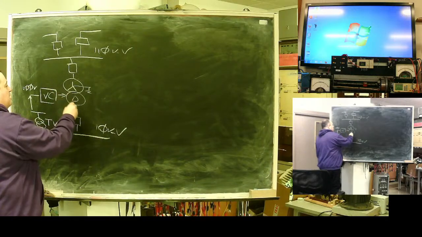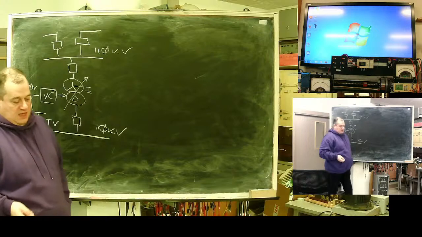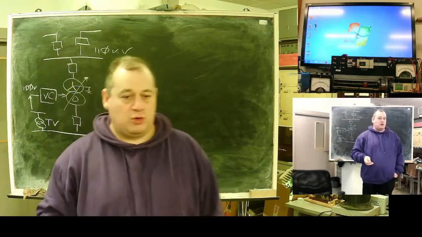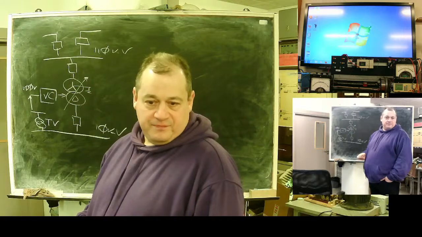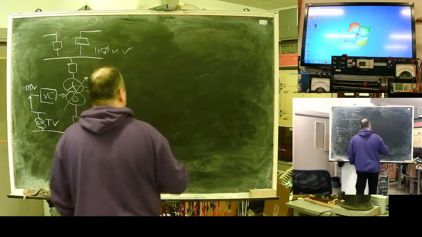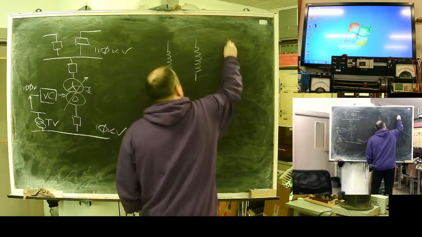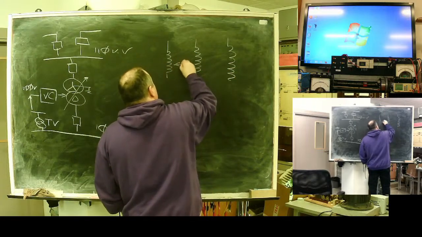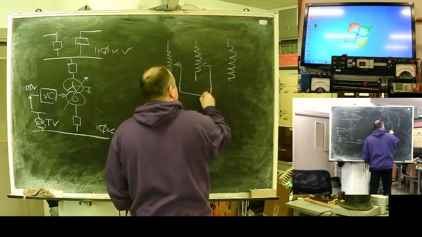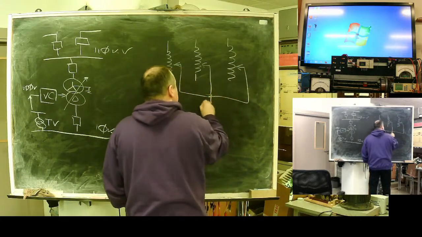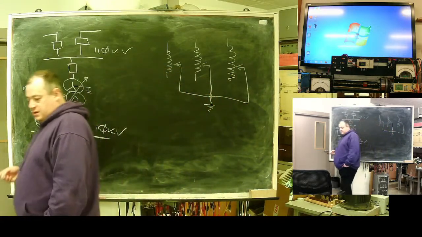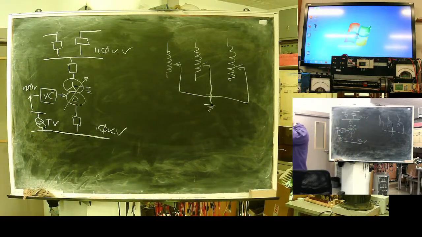The voltage control device sends a command to a special actuator. And what does this actuator do? It switches taps on the transformer primary side. The star connection of this transformer is not monoline, it's changeable. It's made with taps, with steps.